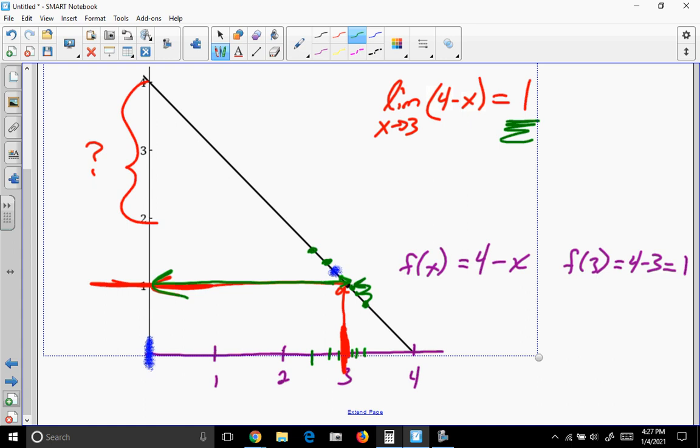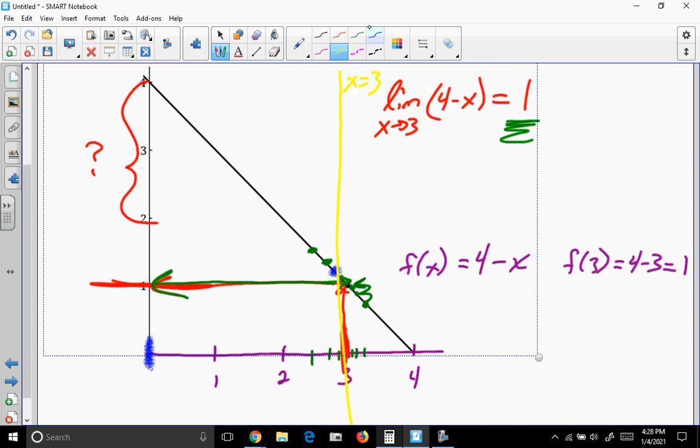One thing that's going to be important to note is we have to be approaching the same y value from both sides. As we slide down the graph, here's an x value of 3.